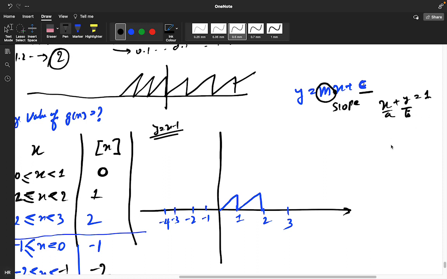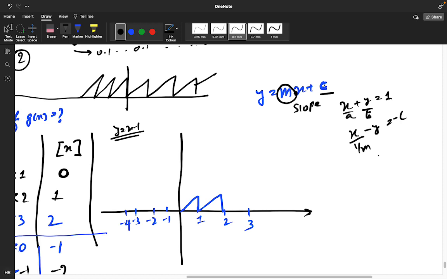If you convert to this form, the equation will be x minus y by m, bringing this here and this here, so this will be minus c. Bringing it down, it will be x by (minus c by m) plus y by c is equal to 1.